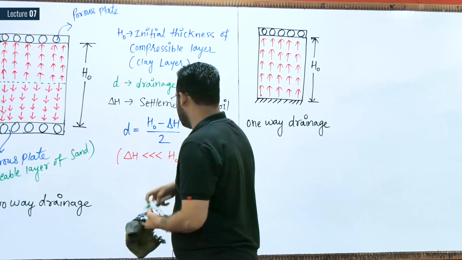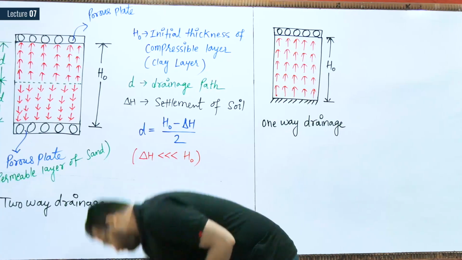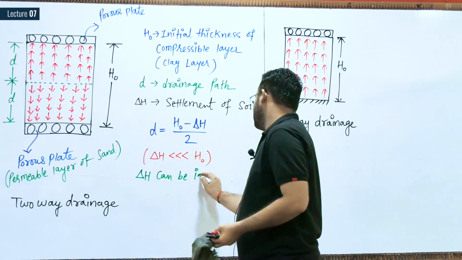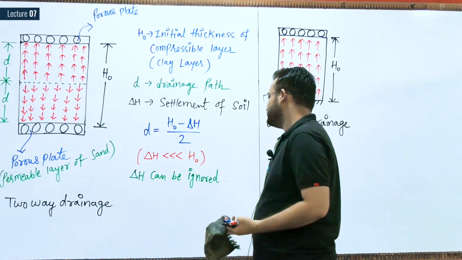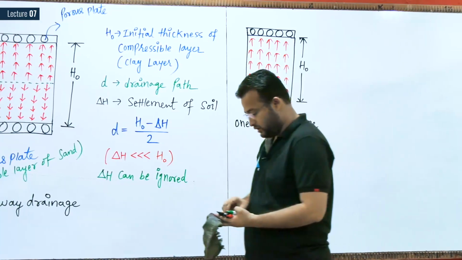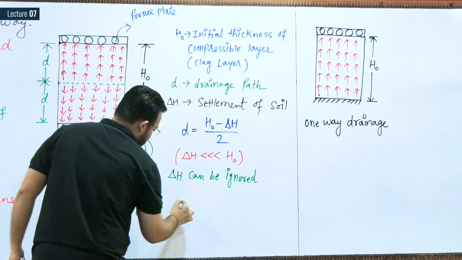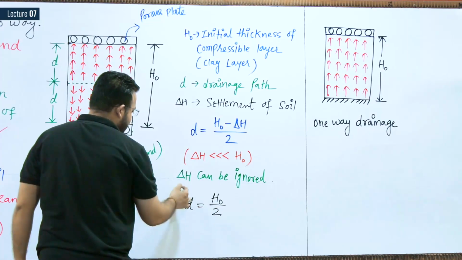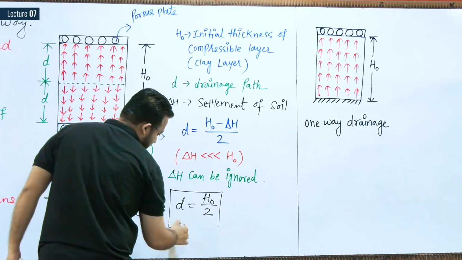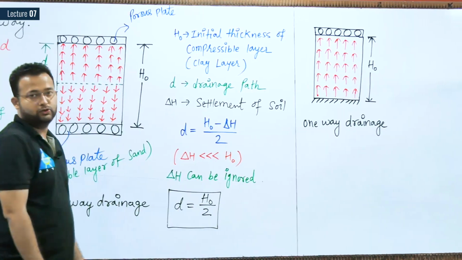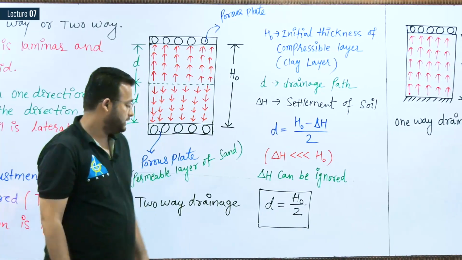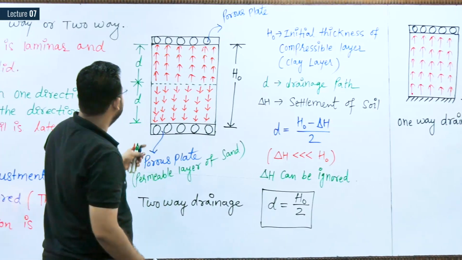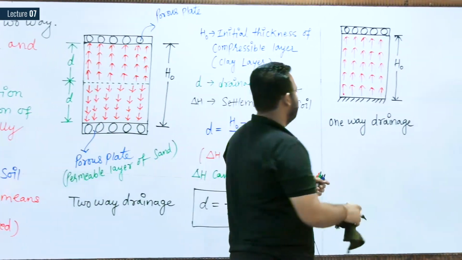If delta H is ignored, then the drainage path D is equal to H0 divided by 2. The initial thickness of the soil sample divided by 2 will be the value of your drainage path. Clear? Okay. Now we can have the next discussion for one-way drainage.